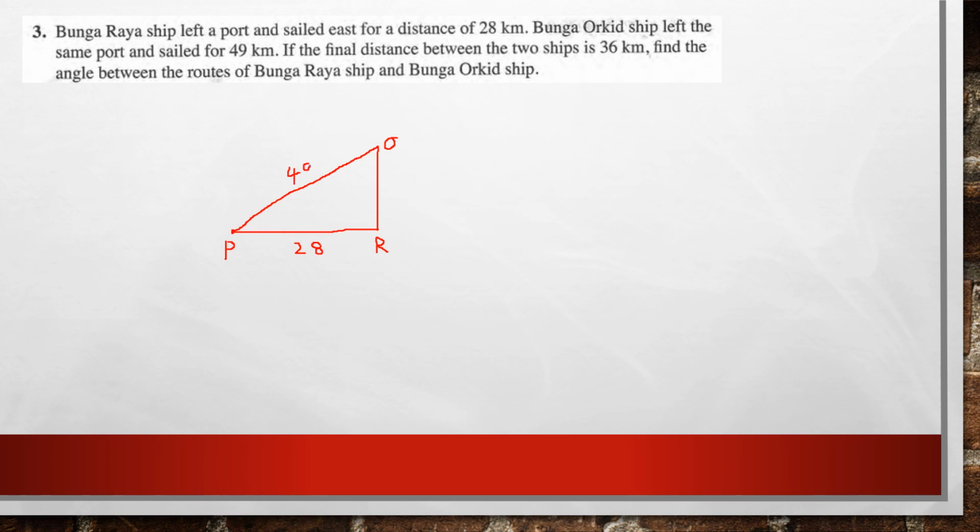The final distance between these two ships, Orchid and Bunga Raya, is also given as 36. They ask to find the angle between the routes. That means they have different routes here. So what is the angle here? That is the question.